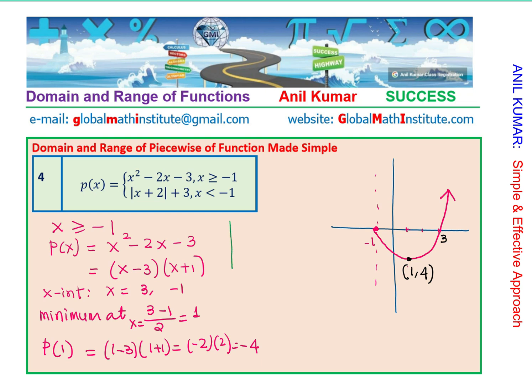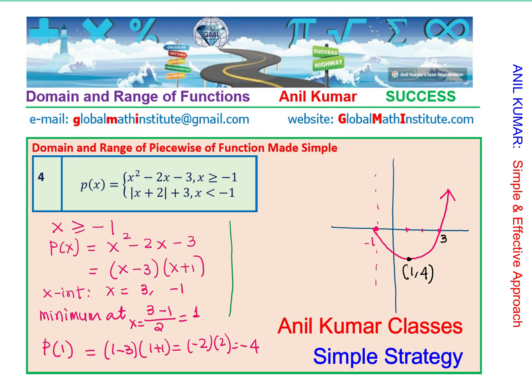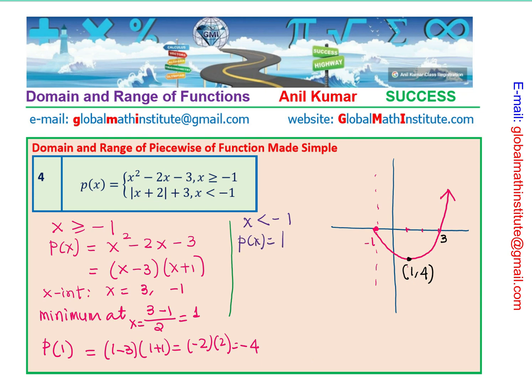Now, let's look into the left side of the graph, which is absolute value of x plus 2 plus 3. So when x is less than minus 1, we have p of x equals absolute value of x plus 2 plus 3.